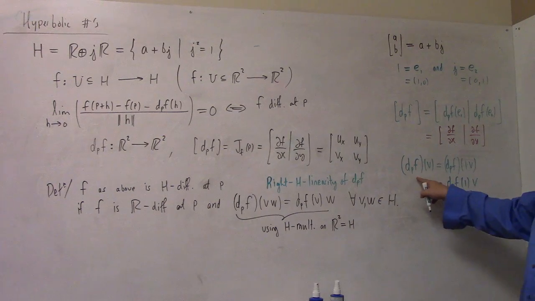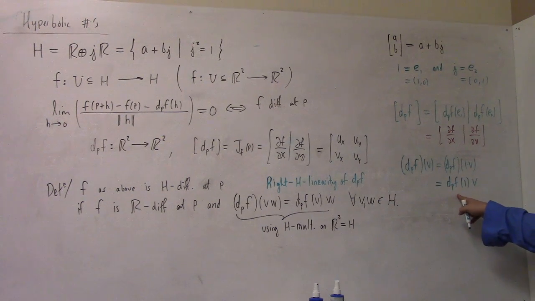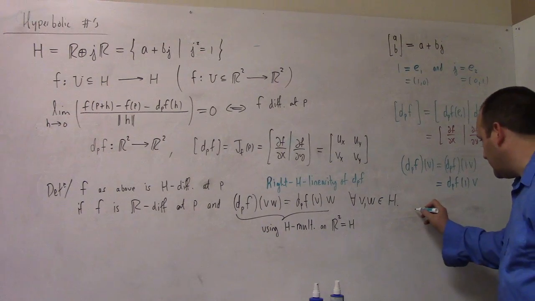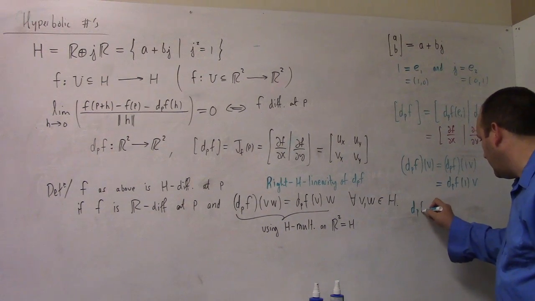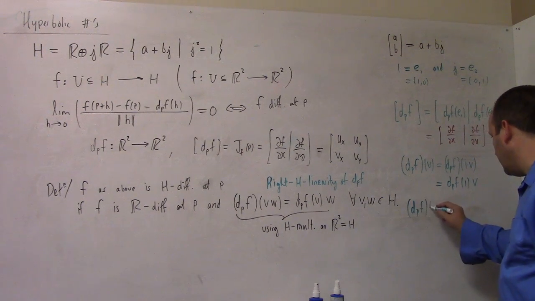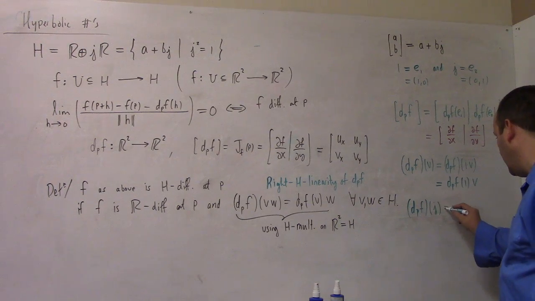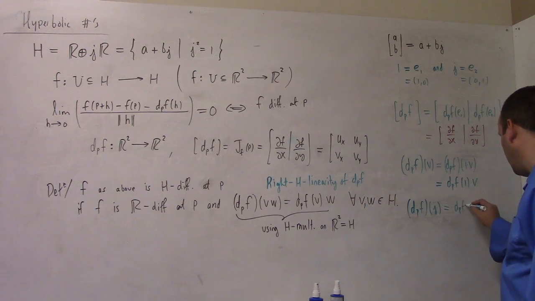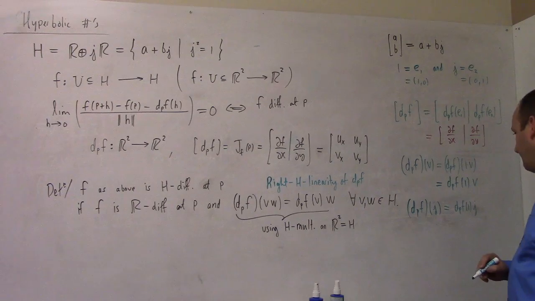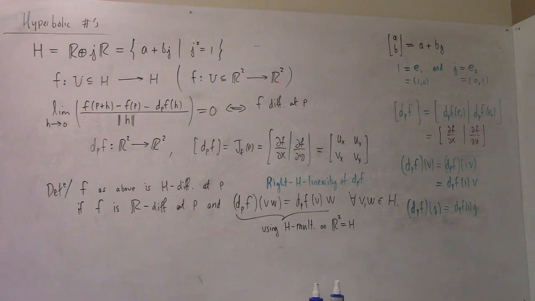So this says that the differential is fixed by whatever it does to the identity. Whatever happens at 1 completely controls the other columns. And so if you look at dPf of j, that will be equal to dPf of 1 times j, by the same token.